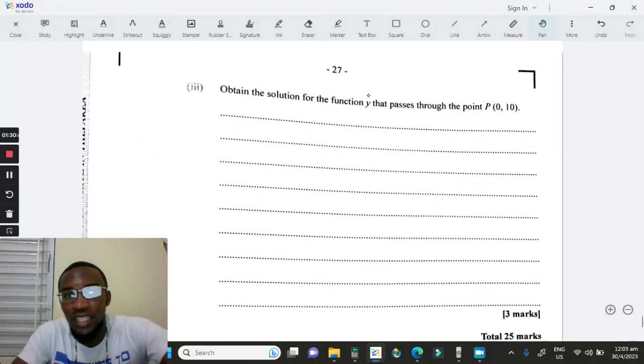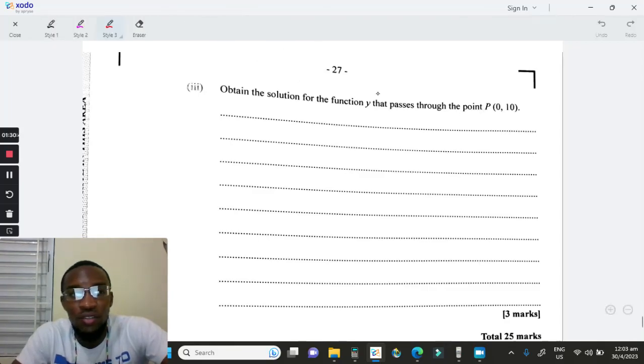Now it says obtain the solution for the function that passes through 0, 10. So if it passes through 0, 10, remember y is equal to e to the x squared plus c. When y is 10, the x value is 0, so e to the 0 plus c. And so that means e to the c is equal to 10.